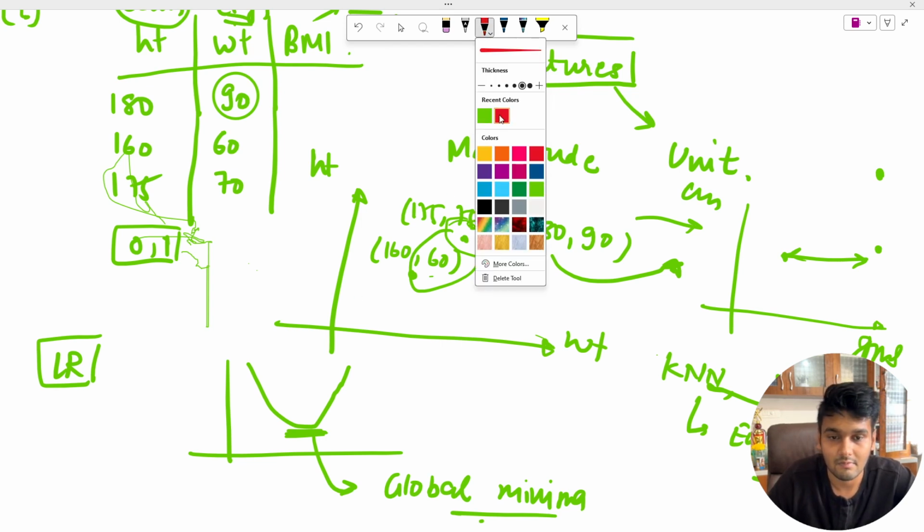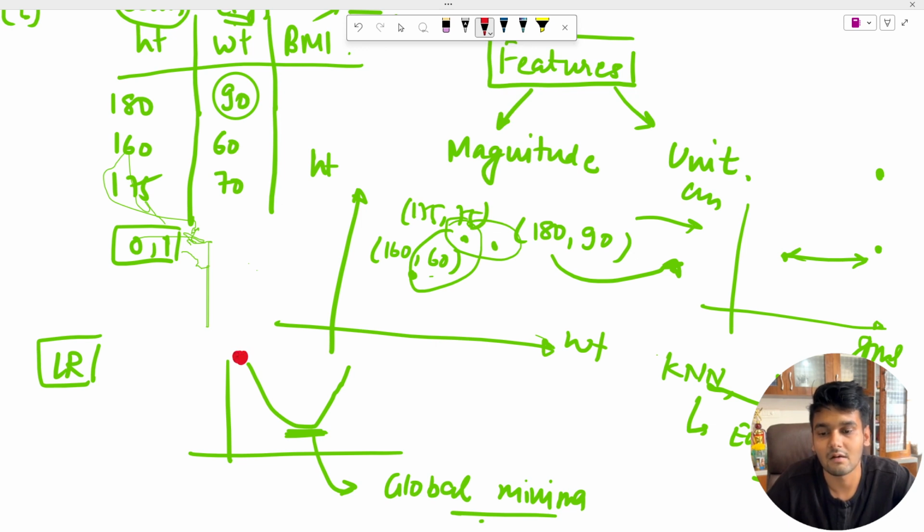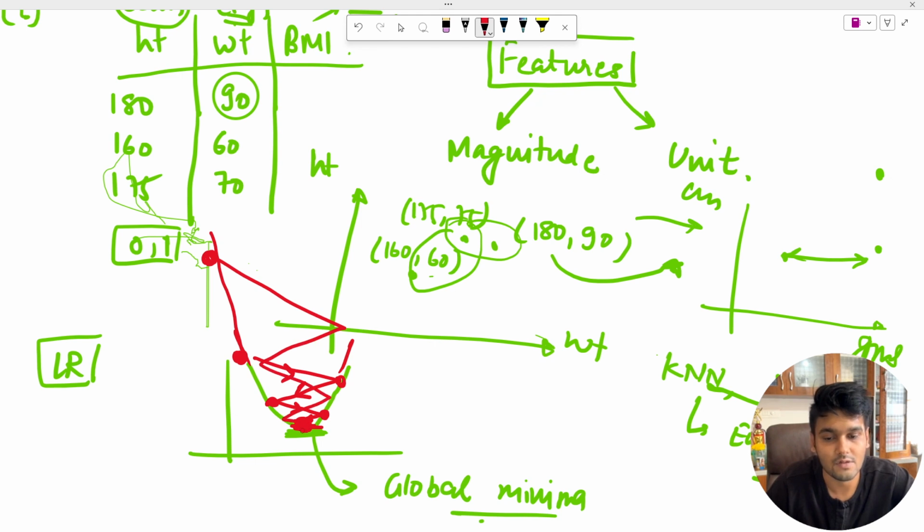As we do gradient descent, we take an initial point and we start moving to different points until we converge at this point, right? Now this optimization can take a lot of time if these values are not scaled, right? If these values are on different units, it might happen that you start from a point which is very far from the global minima point, and it takes a lot of time for you to converge to this point.